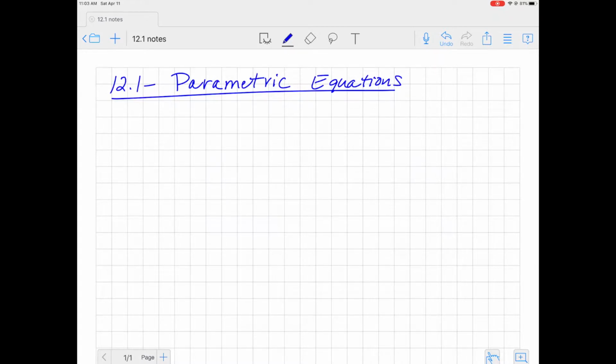So this is talking about this extra parameter, this extra element that we're putting into these. So in general, parametric equations have that extra parameter t.